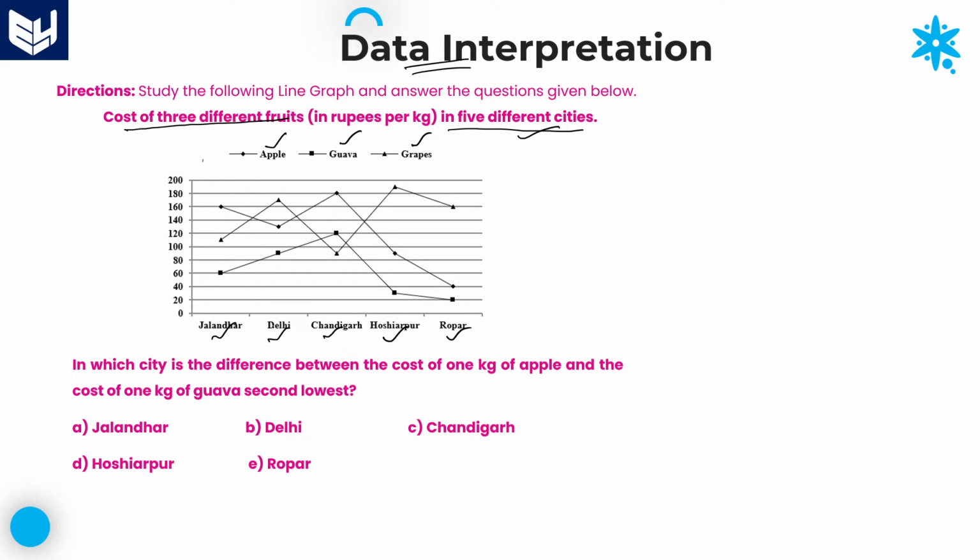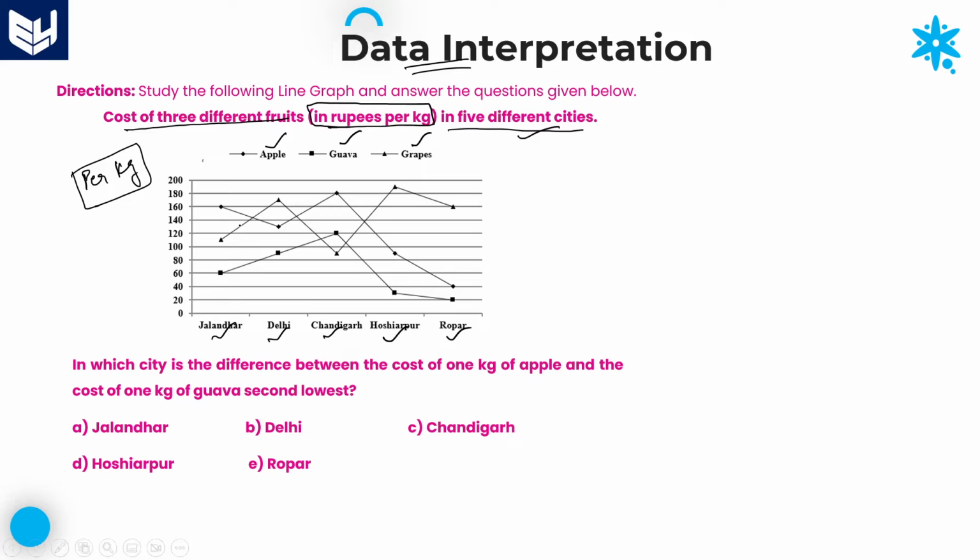In these five different cities, the cost of apple, guava and grapes is provided, and one more thing is that whatever values are provided in the line graph, all the values are in terms of rupees per kg. Each and every value is a per kg cost.